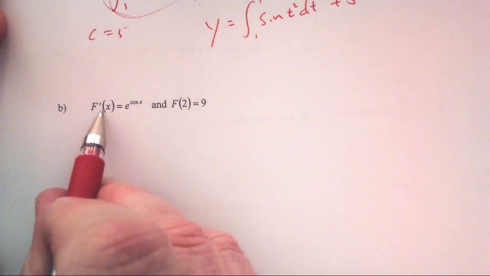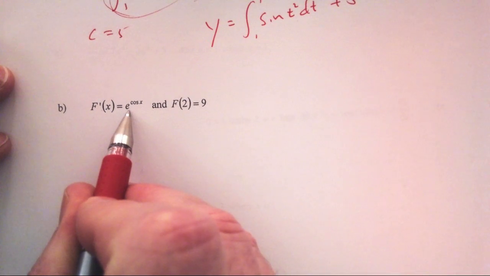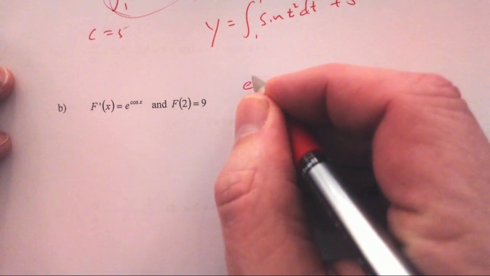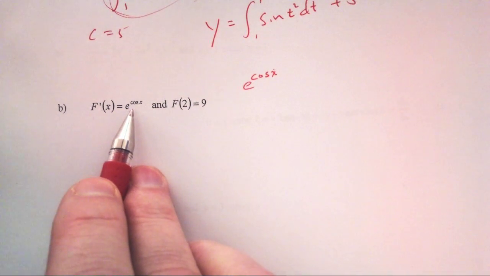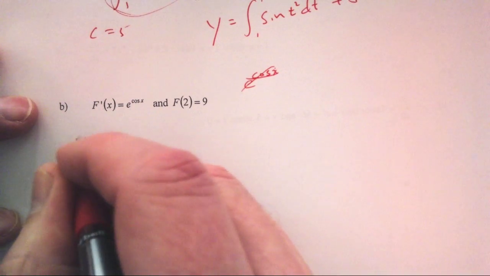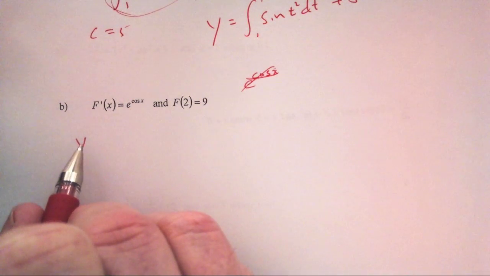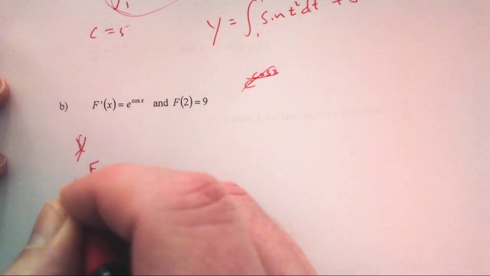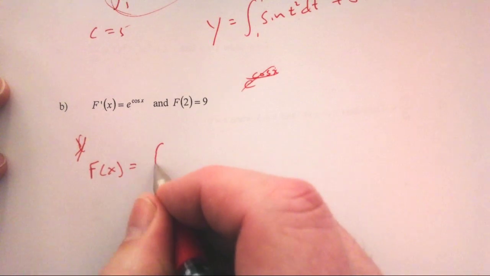This says our derivative of this, might as well say dy dx, is this. Find the antiderivative. Well, maybe I could just find the antiderivative of this old school. The derivative of e to the cosine of x is e to the cosine of x, but times sine of x, and that's the problem. So we're going to say the integral of the derivative gets us back to the original function, y, or we probably should say, truthfully, f of x is the integral.